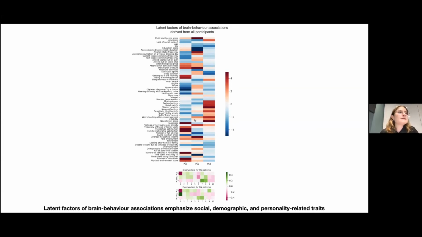Then if we look at the second axis, we see that socioeconomic determinants are highly expressed, such as fluid intelligence, education score, age completed high school education, alcohol intake frequency, time spent watching TV, and average household income.